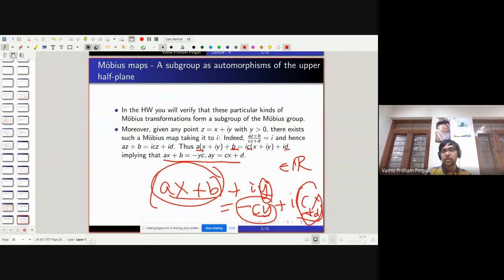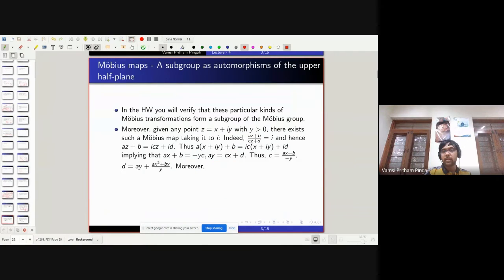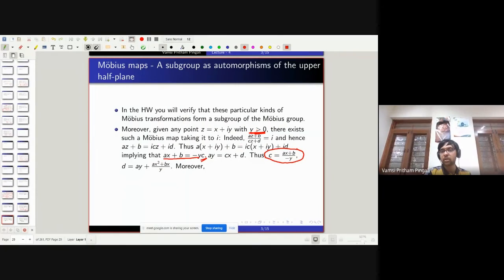Here, you can say that c equals this. You might wonder what happens when y is 0. y is not allowed to be 0 because we are looking at the upper half plane, so no problem. Once you have c, you can substitute it here and solve for d, for example.